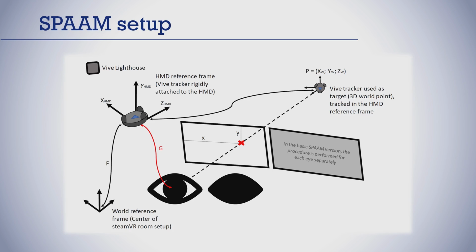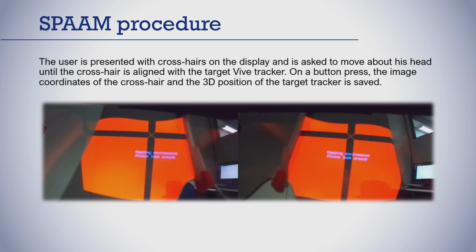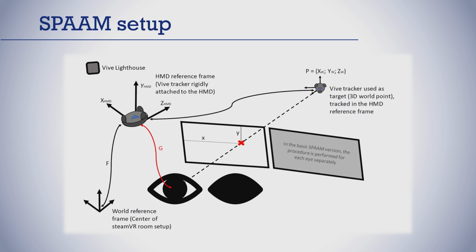This is the scheme of the SPAAM technique. So we have the vision system where one tracker is attached solidly on the headset. The position doesn't matter, but it has to be rigidly attached to the headset. The task basically is that the user is presented with a cross from inside the headset that we show with a shader, and he has to align that cross with another marker which is in the scene, and try to match the cross with the other marker.